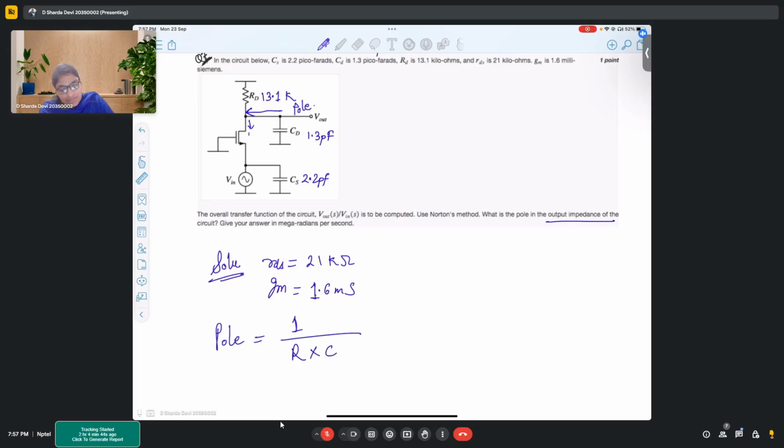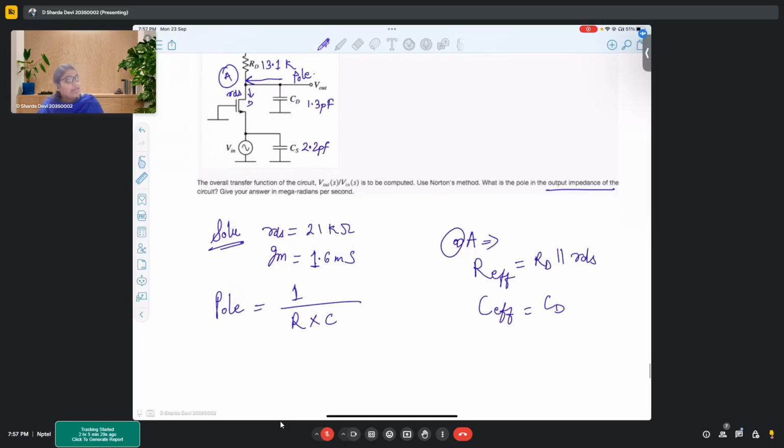So here should be small rds at point A. At A, the effective resistance would be RD parallel to small rds, correct? And what is the capacitance that you see, C effective? It is CD because the terminal capacitances, Cs, are not given. So considering that all of the capacitances have already been included into CD.